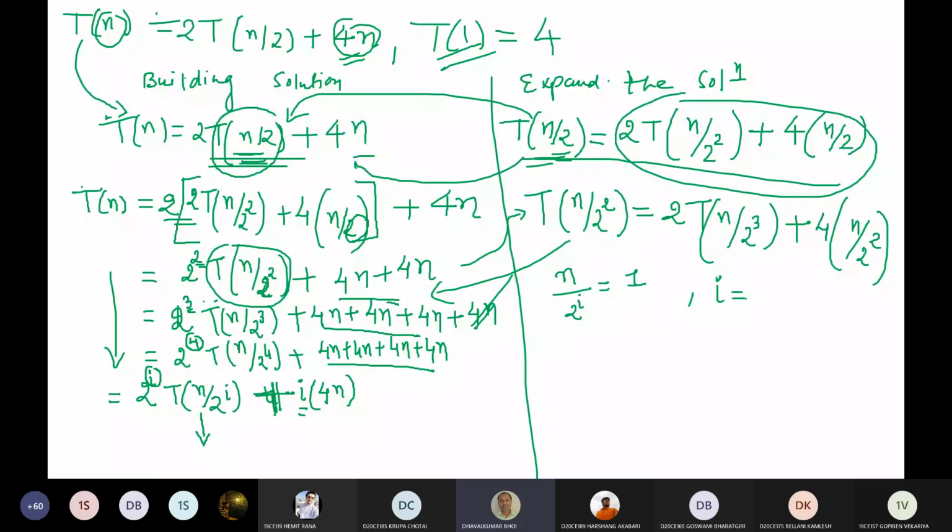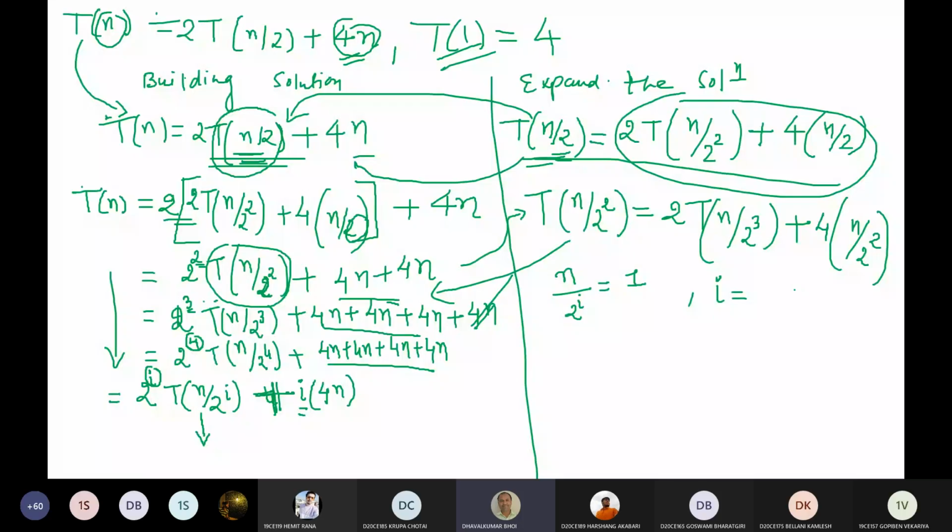Till where do we have to repeat this? We are actually trying to find out the depth of the tree. So i is equal to what? If n divided by 2 raised to i equals 1, what will be the value of i? Yes, students?